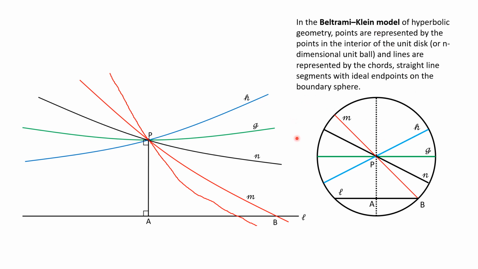So this is one of many ways of representing hyperbolic geometry. The reason I stopped here and gave a little bit more background is the figures could easily confuse, and hopefully this explanation will help a little bit.